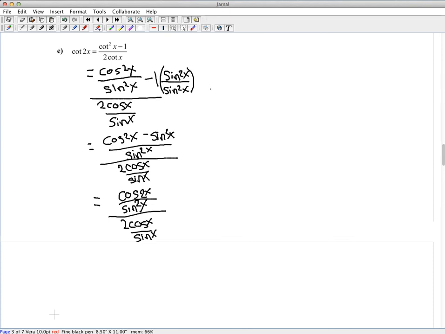But then from there, I would flip and multiply the bottom part to make it equal to cos 2x times sine x over sine squared x times 2 cos x.